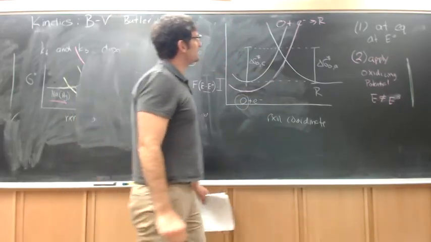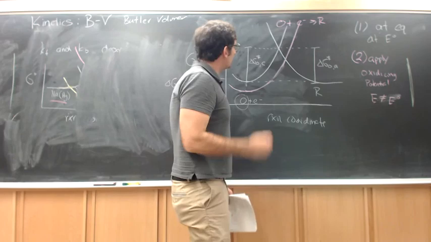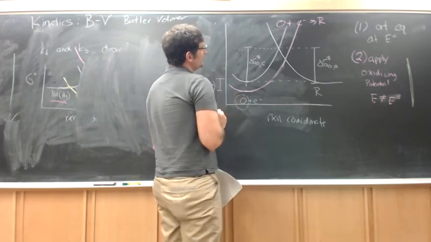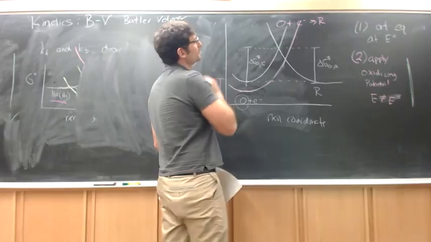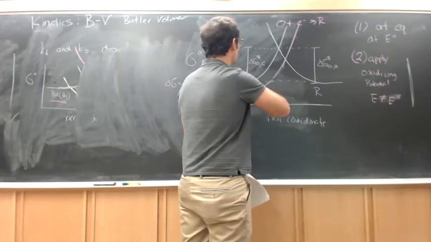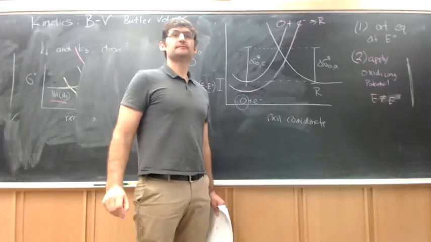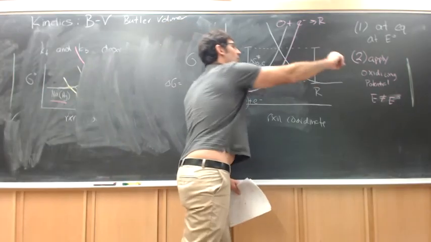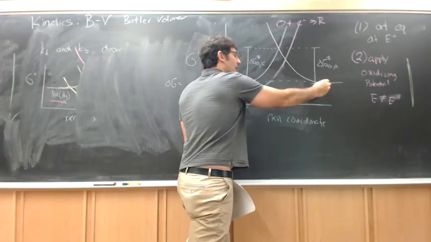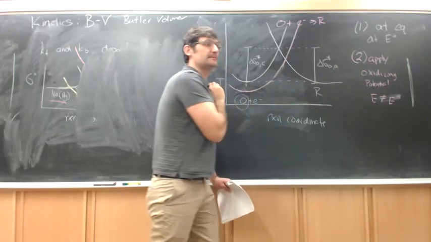We'll get into it more when we get to Marcus theory. When we think about this reaction progress, what the system is doing, first of all, which way is the reaction going to go? Is it going to go forward or backwards? Backwards, right? Because the products have higher energy than the reactants.